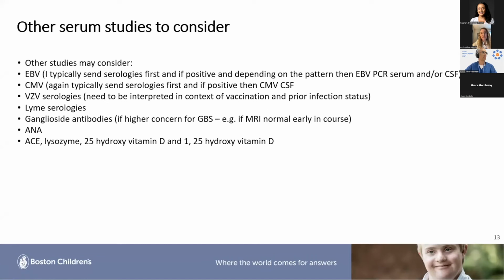But if it's very high, I might do more of an evaluation for systemic rheumatologic processes like sarcoid, and have that guide me, and then repeat that out from the acute illness. And then other testing, for instance, for sarcoid: ACE, lysozyme, 25 and 1,25 hydroxyvitamin D.